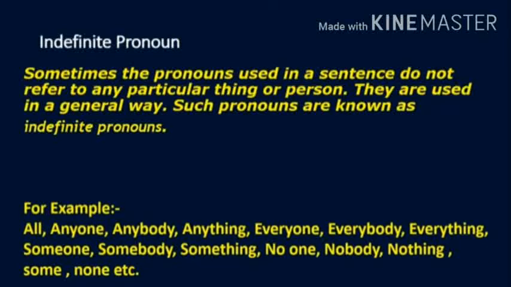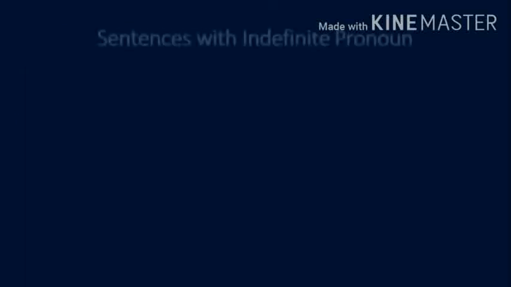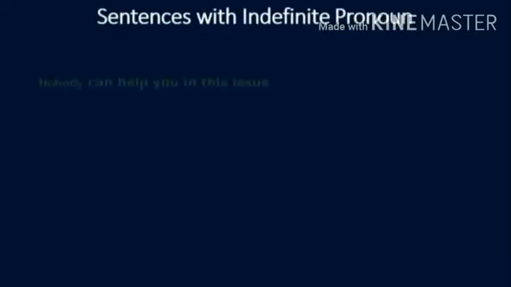For example, some of the indefinite pronouns are all, anyone, anybody, anything, everyone, everybody, everything, someone, somebody, something, no one, nobody, nothing, some, none, etc. And don't forget, my dear children, always use a singular verb after these indefinite pronouns.